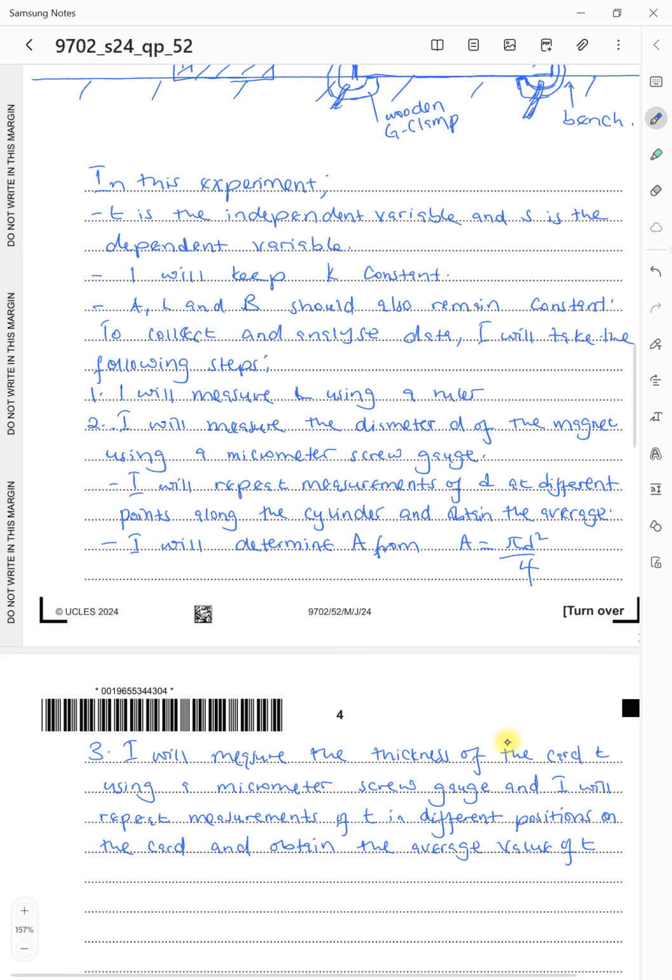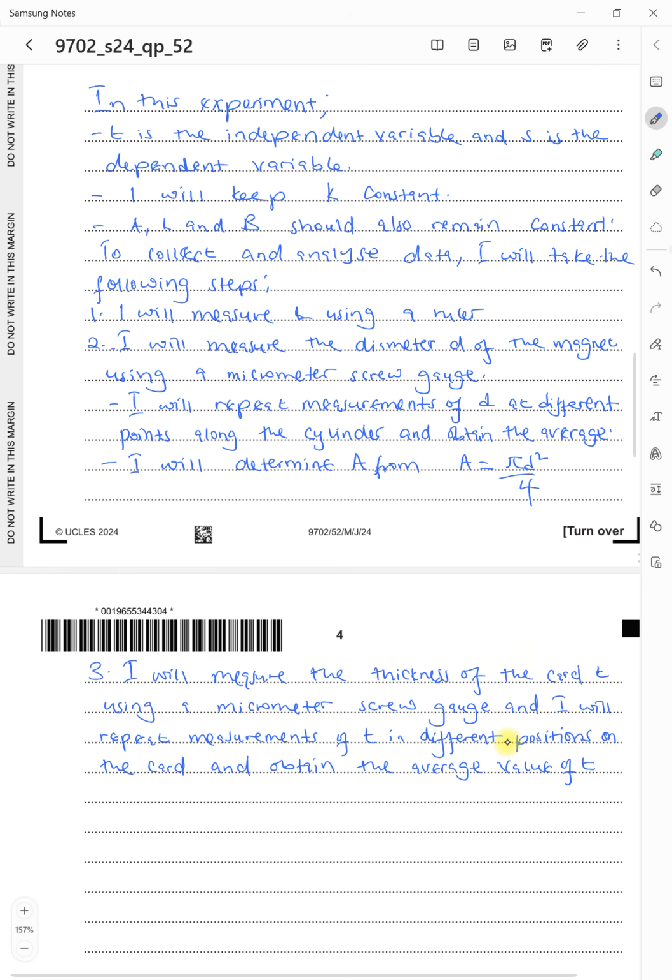Then next is to measure the constant. So step 4, I'll measure K. For the constant K, I will need a Newton meter to measure the force applied to the spring, and then I determine K from K equals the force over the extension.